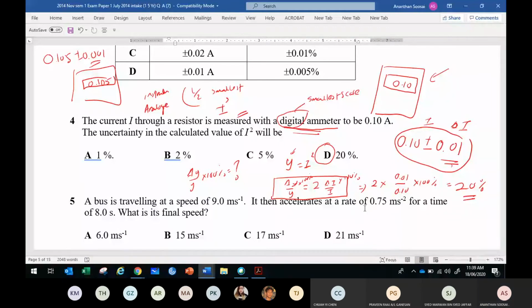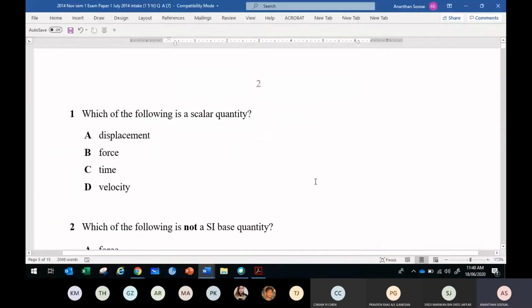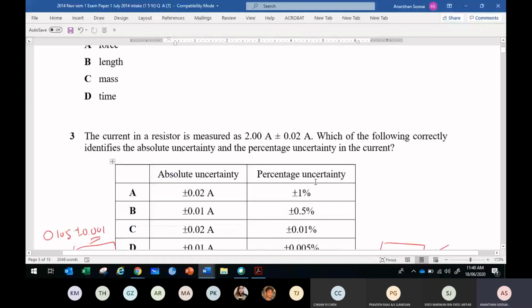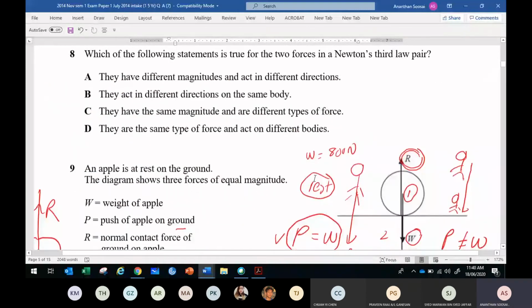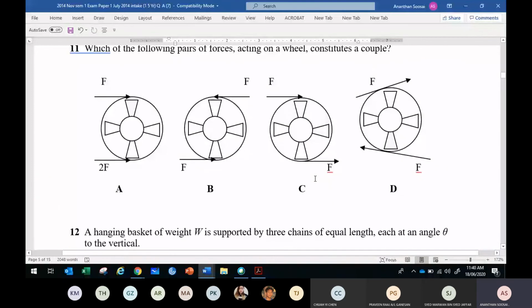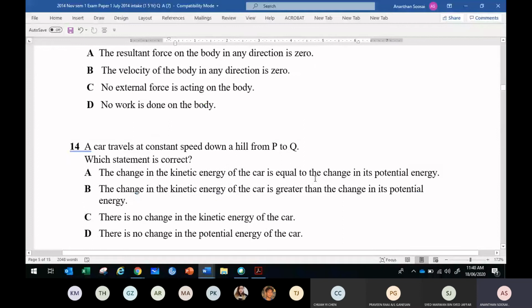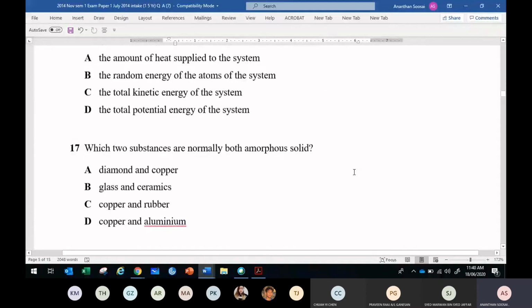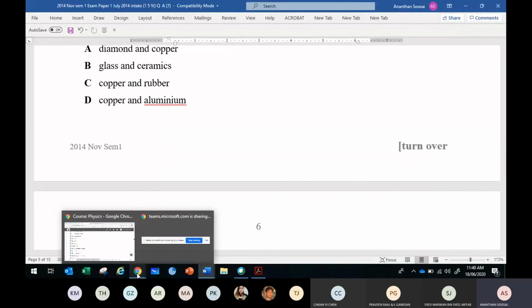No questions? Okay, this is fine, no problem. So we go to paper 2.